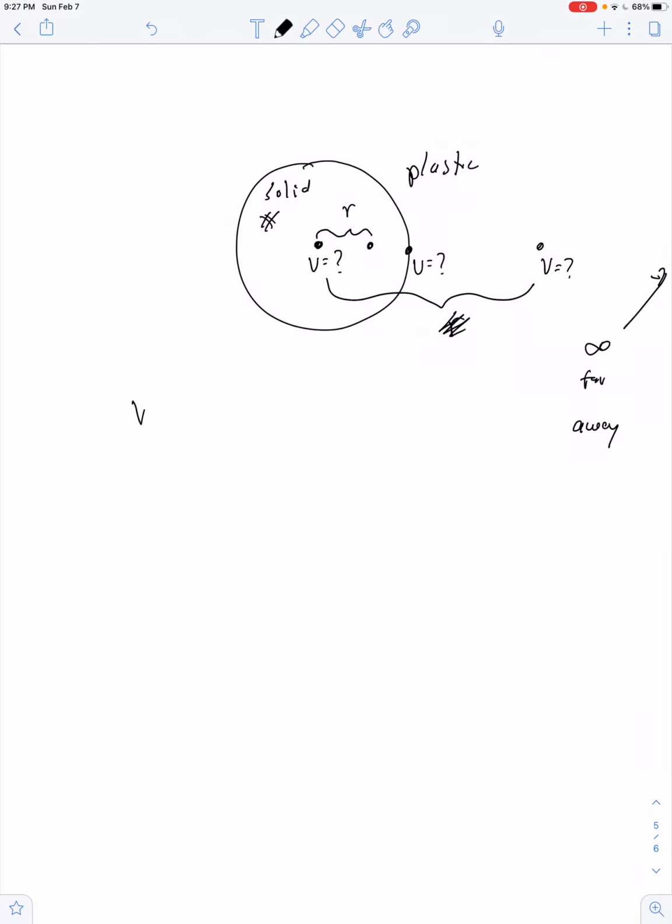Well, we say that the electric potential at point B minus the electric potential at point A is equal to the integral, as we evaluate from B to A, of E dot ds. It will be convenient if this was equal to 0.